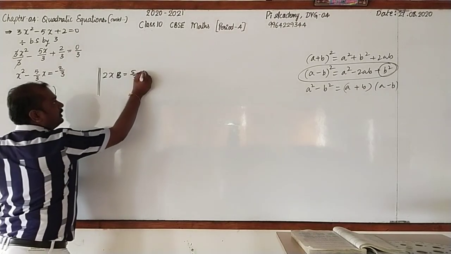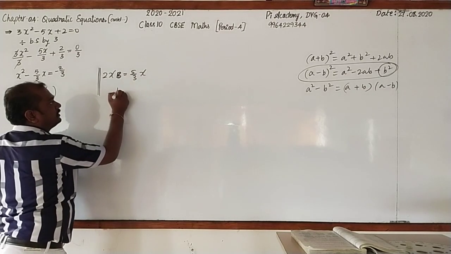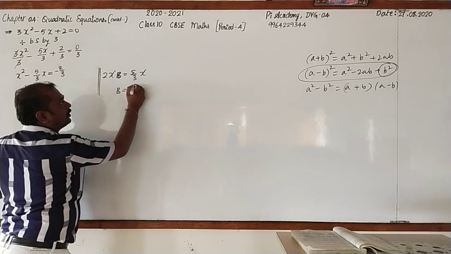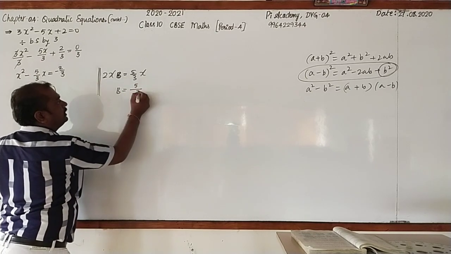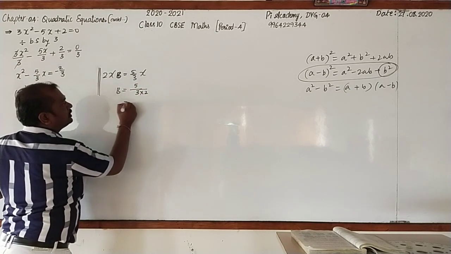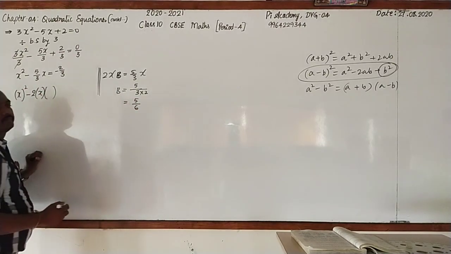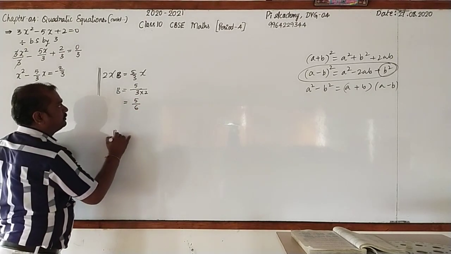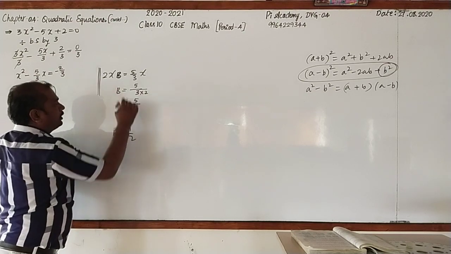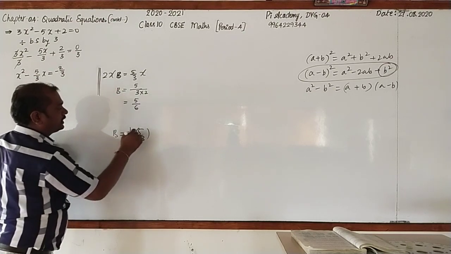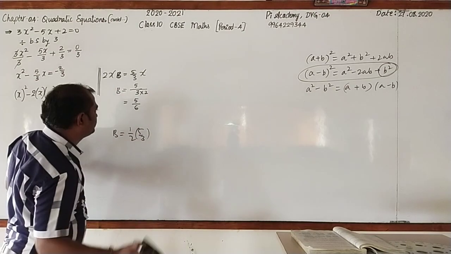Here, then x gets cancelled. B is equal to 5 by 3 into 2. This can be written as 5 by 6. Directly you can also write it as b is equal to 1 by 2 into 5 by 3. See that? Again 5 by 6.